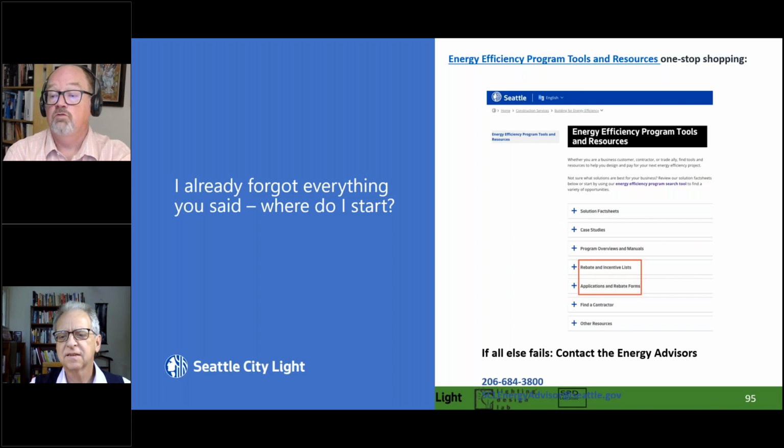But if you Google Seattle City Light Energy Advisor, you'll go to this splash page, and you'll be able to find all kinds of information about all of these things. You'll also be able to contact the energy advisors, who can talk to you in great depth about what all of these opportunities are. I urge you strongly to do it, because there are a lot of opportunities to make your projects better with assistance from the utility.